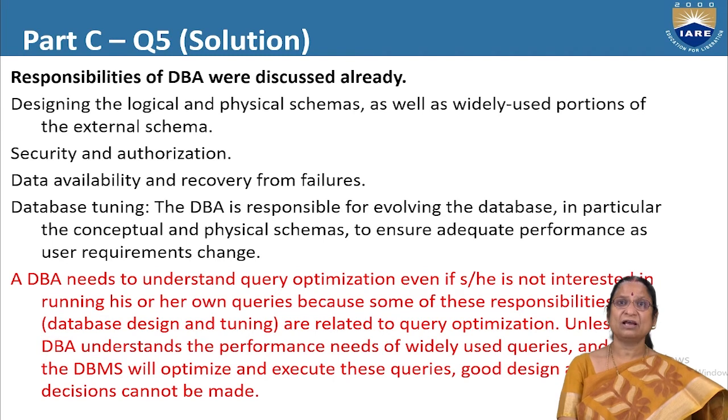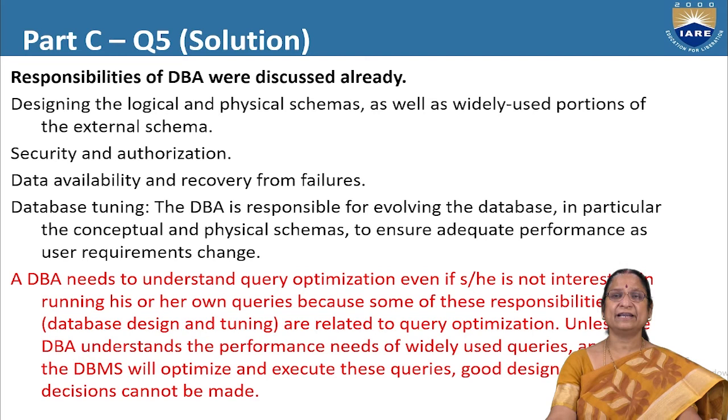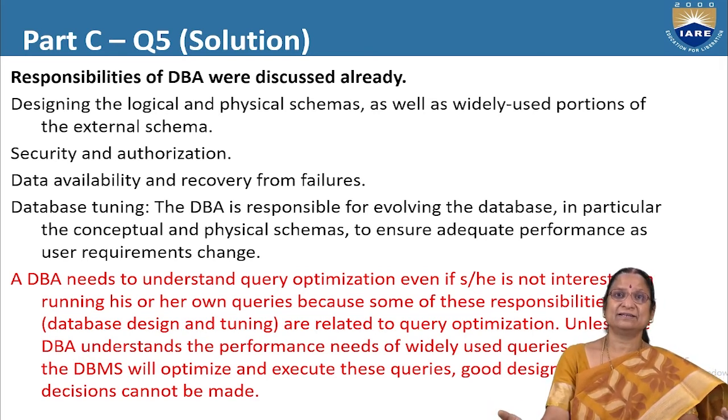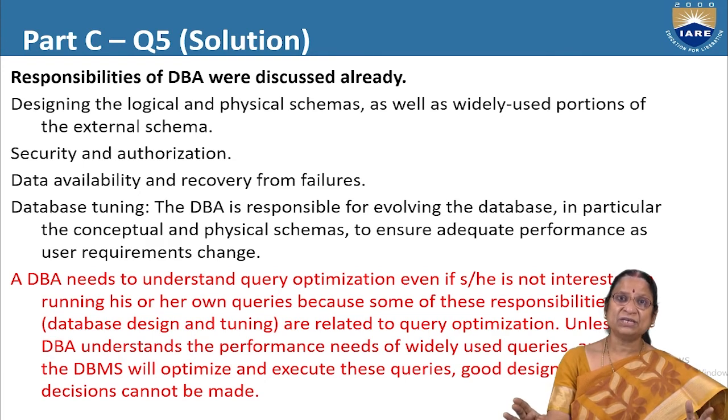All these are decisions taken by the DBA. Basically, database tuning is the main responsibility of the DBA. So, what is meant by database tuning? Where the data is stored, how much memory is allocated, and how performance is considered. Database tuning means the DBA is always responsible for the effective processing of data from our database.